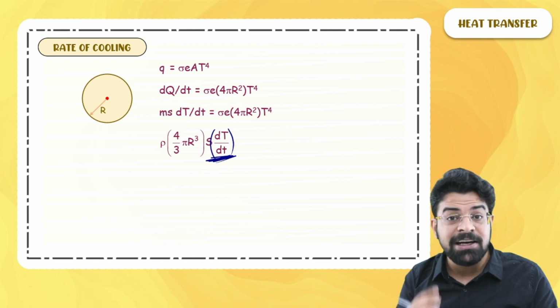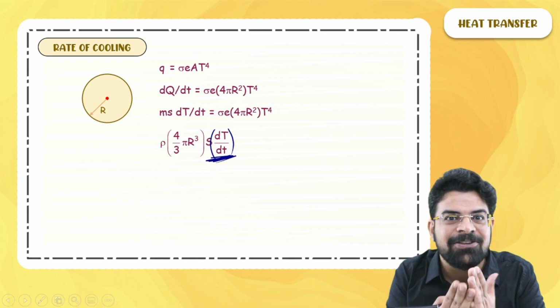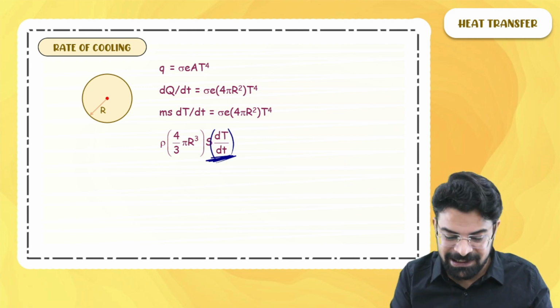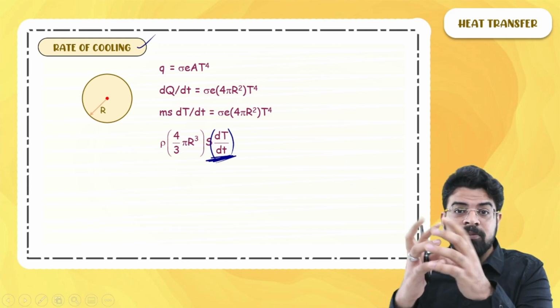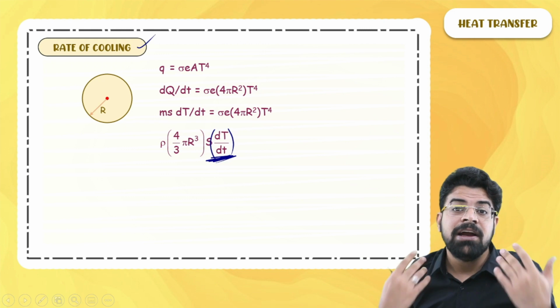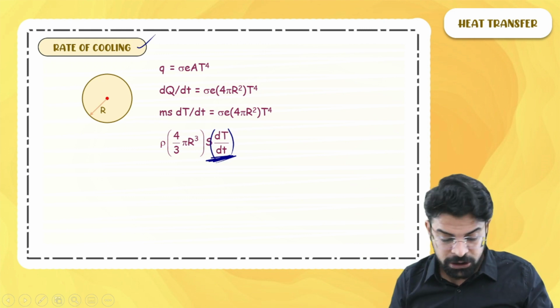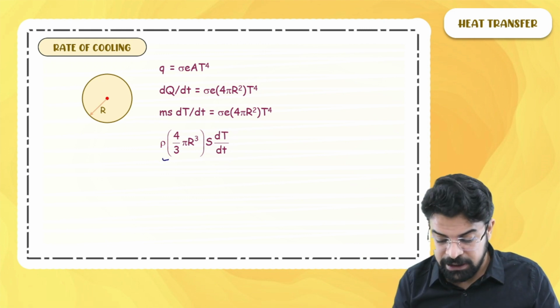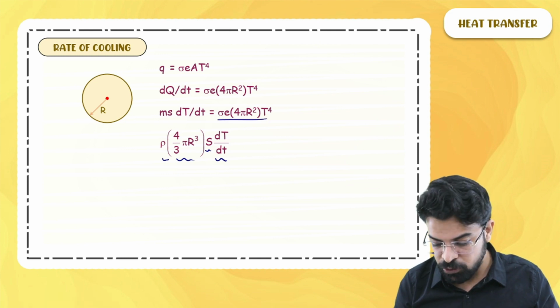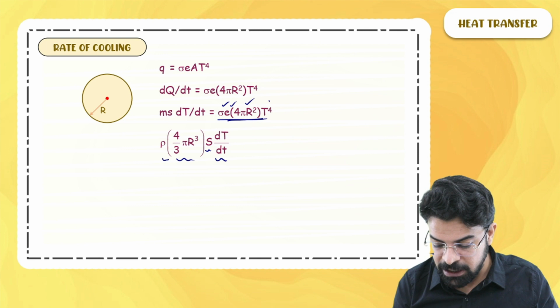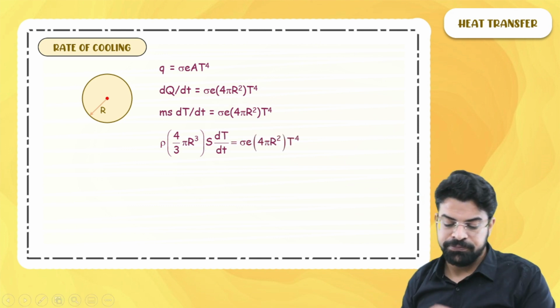This dT by dt is the rate of change of temperature with respect to time. This dT by dt is the rate of cooling when you place a spherical object in vacuum. It will keep on radiating and it will keep on getting cooled. So you can say density into volume into specific heat into the rate of cooling equals, on the right hand side, sigma E 4 pi r square T raised to the power of 4.